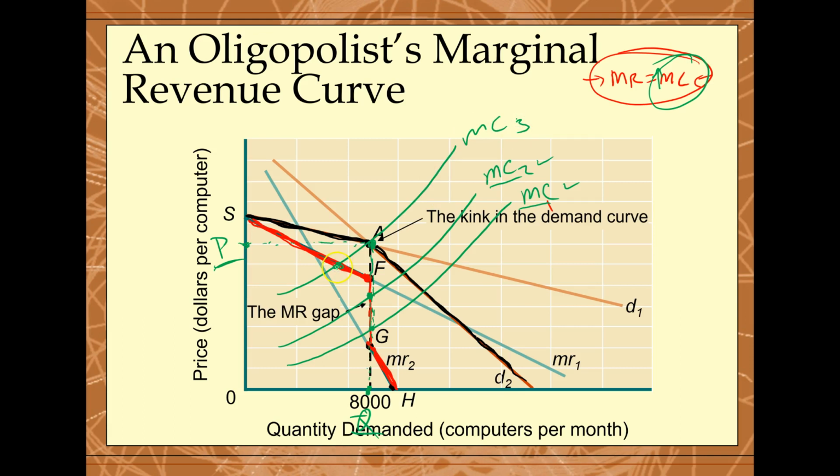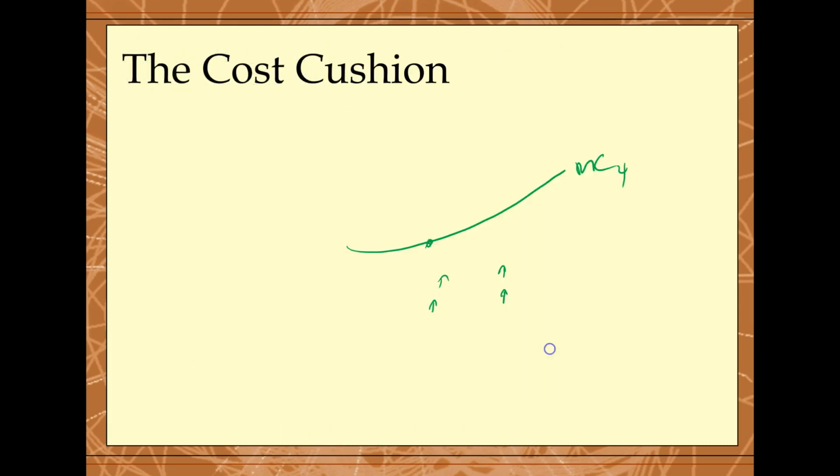Notice how we have a new intersection where MR equals MC, and that leads to this quantity and this price. So that's why I was very, very careful with how I phrase this. Modest changes in costs don't always lead to a change in P and Q. But you can eventually get to a change if you keep raising costs and that shift moves out of that gap, the MR gap. That's what I'm trying to say there.